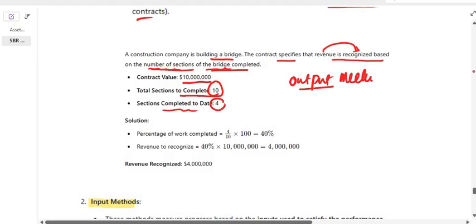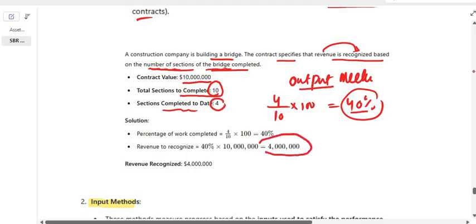You take the completed to date amount, divide it by the total amount and multiply by 100, then it means you have completed 40%. When you recognize the revenue, you multiply this completion percentage with the total amount of the contract, and then you get the recognized amount of revenue. Clear? This is called output method.